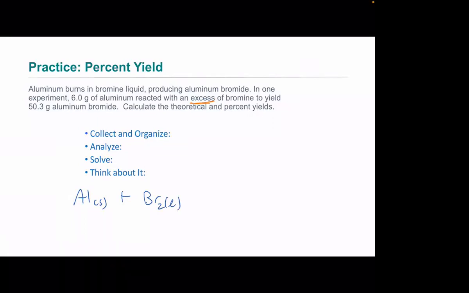Producing aluminum bromide. What's the formula for aluminum bromide? AlBr3, right? Because bromine's -1, aluminum's +3. AlBr3, okay.